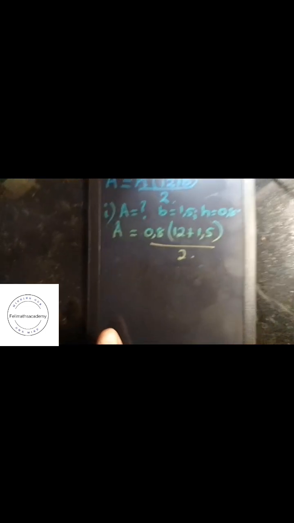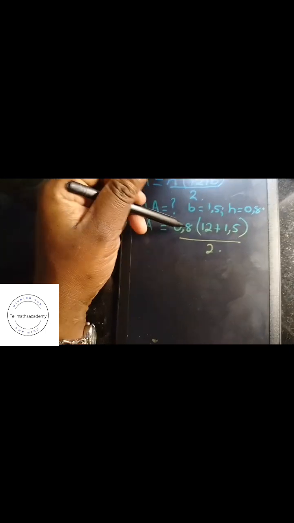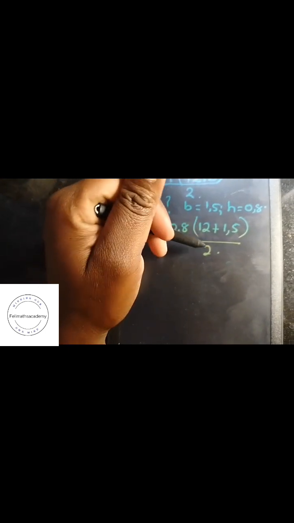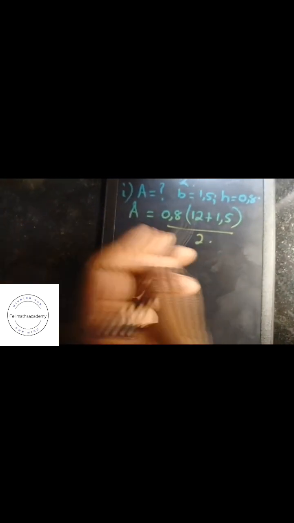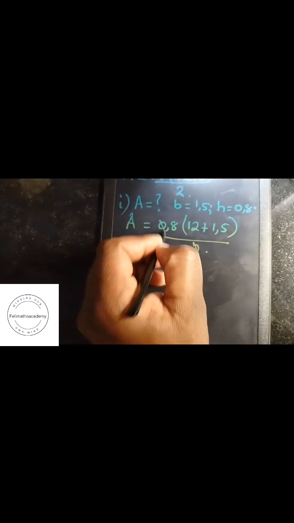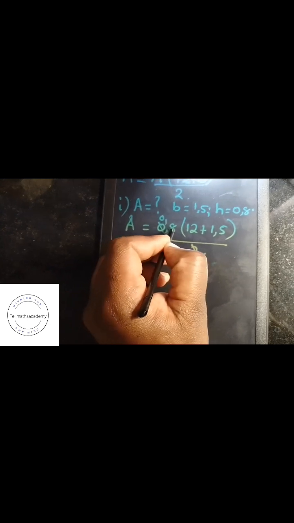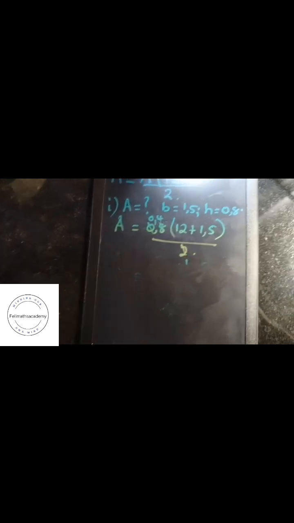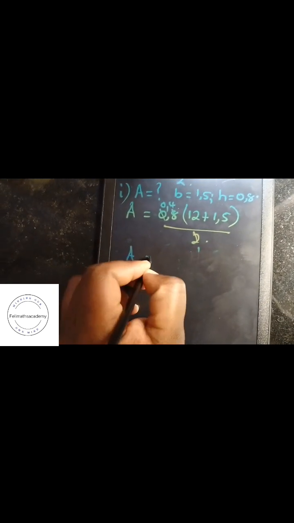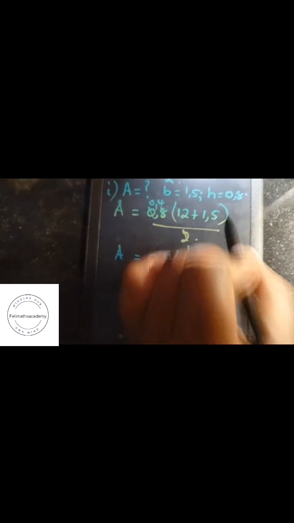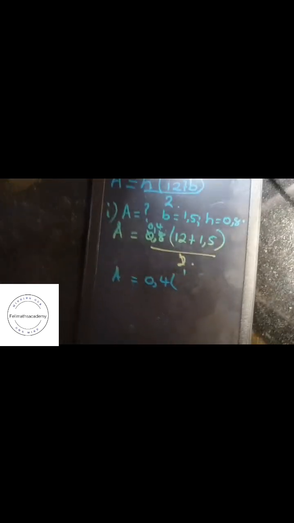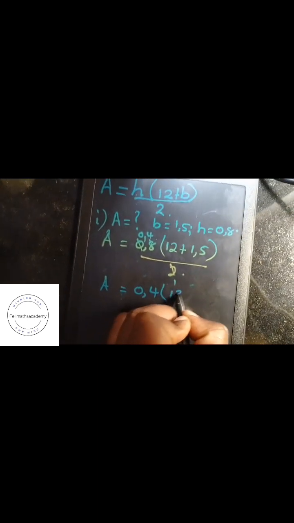Right, this 0,8 is multiplying this bracket, so we can safely divide by 2, right? So it's 2 into 2, 1 into 0, it's 0,4. Right, so we have our A is equal to 0,4 multiplied by 12 plus 1,5. It's 13,5.